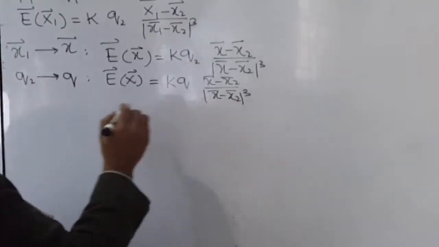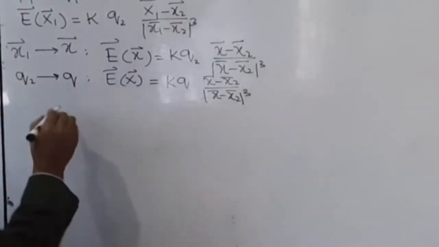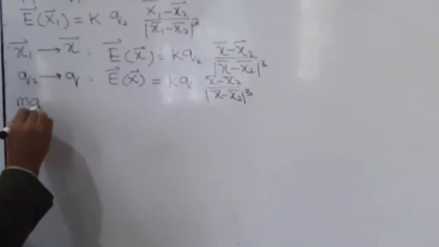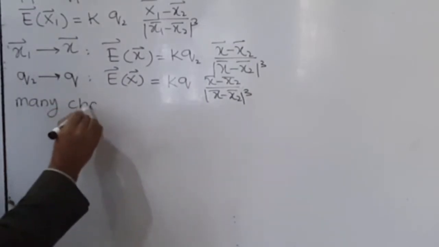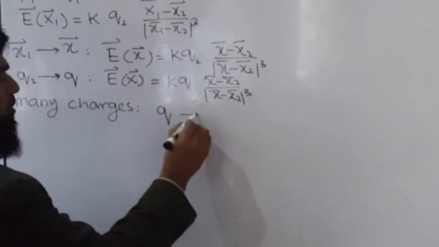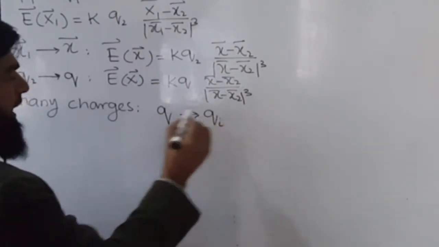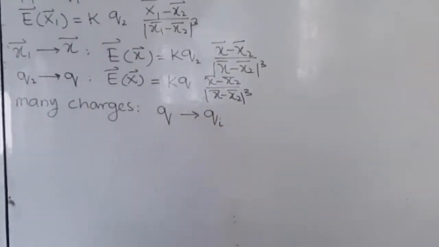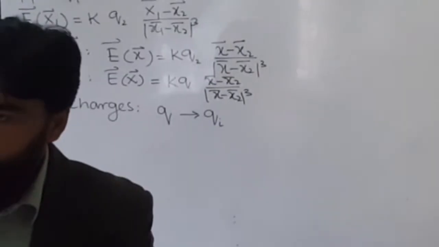For example, if I am having many charges, then Q will go to Qi, like Q1, Q2, Q3 and so on.